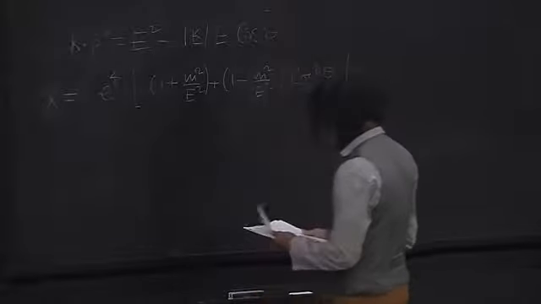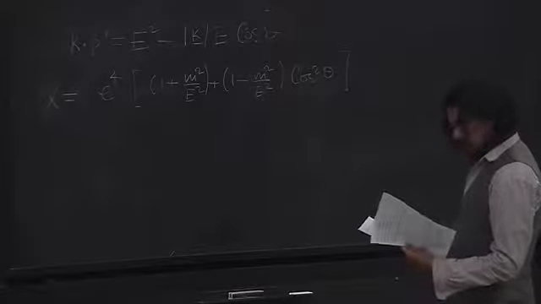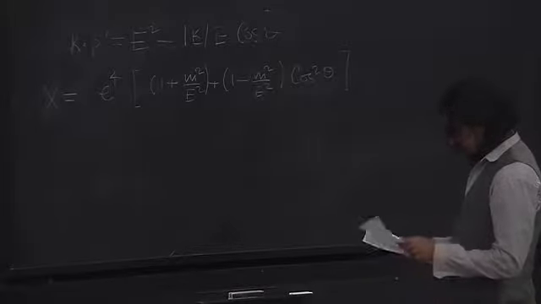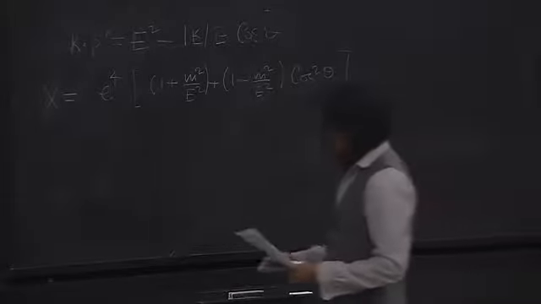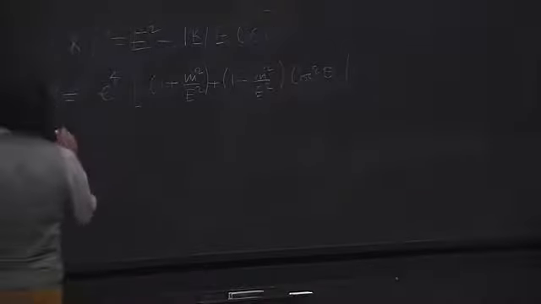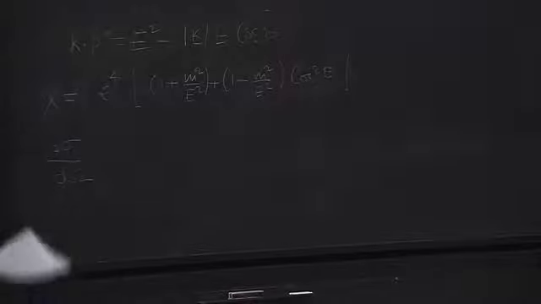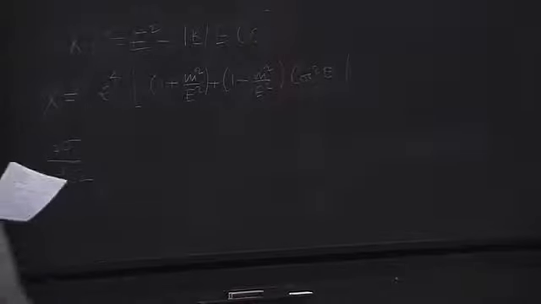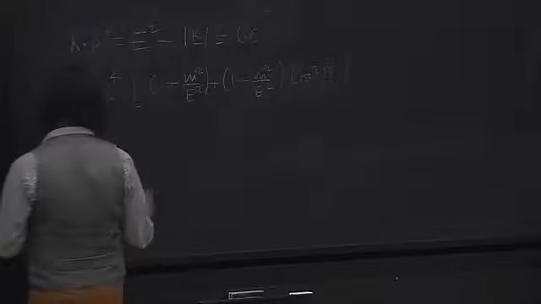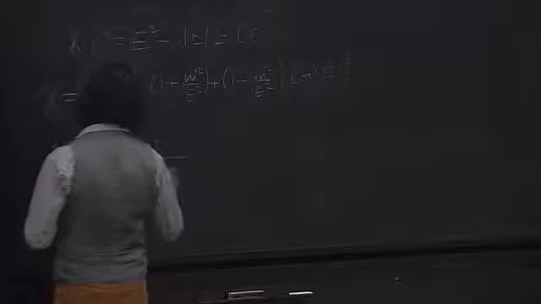Okay. Now it's time for us to plug this into the differential cross-section formula for 2 particles scattering in the center of mass frame, which you saw in Dan's part of the course.